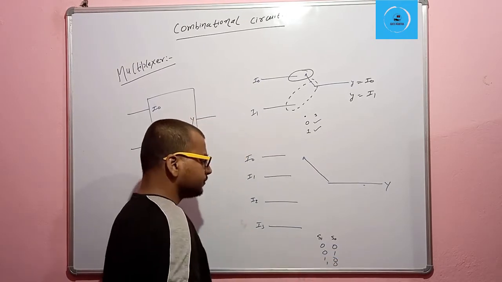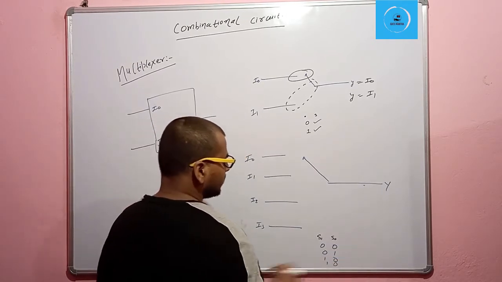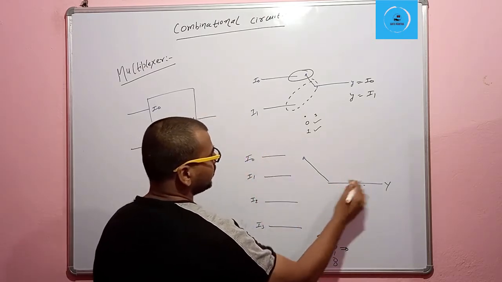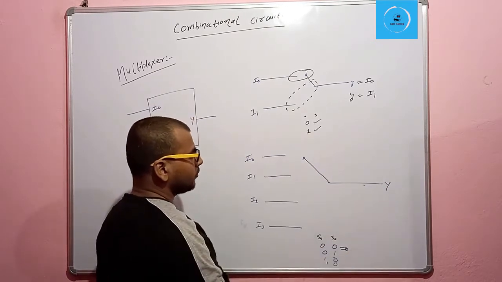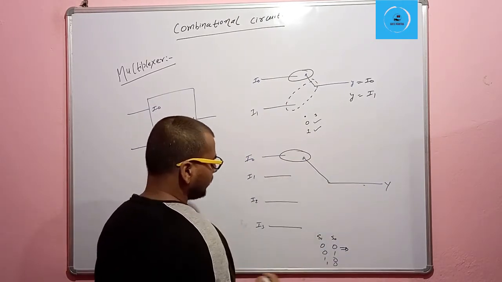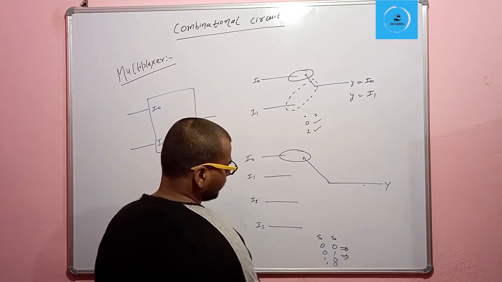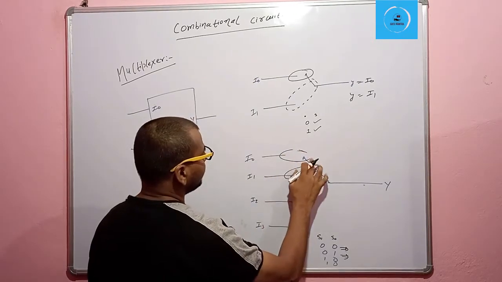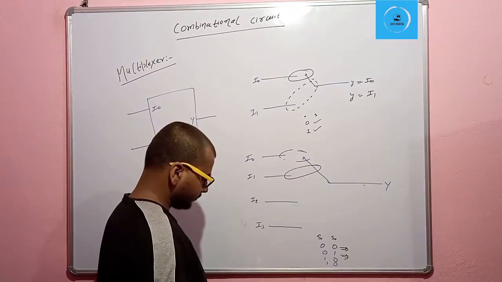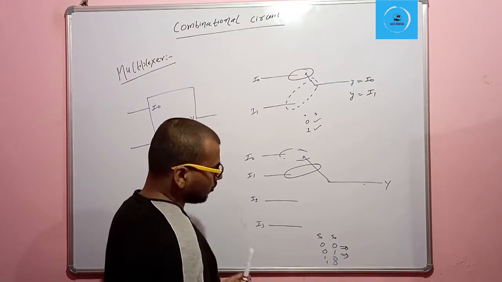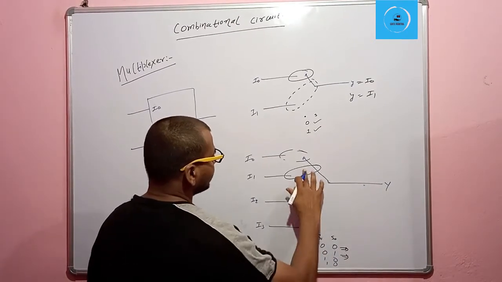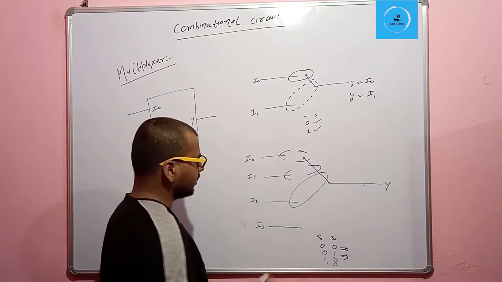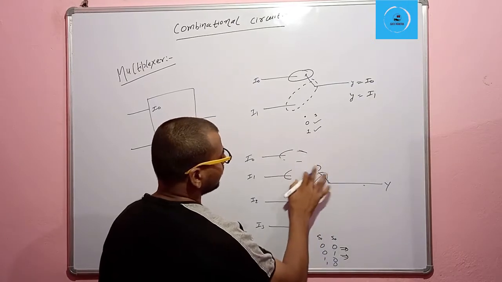When we press both keys 00, then I0 will be selected and it will go through to the output Y0. When we press 01, then I1 will be selected and it will go to the output, and the rest will be rejected. When we press 10, then I2 will be selected and it will connect to the output.